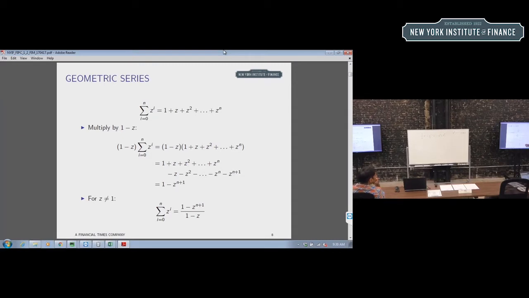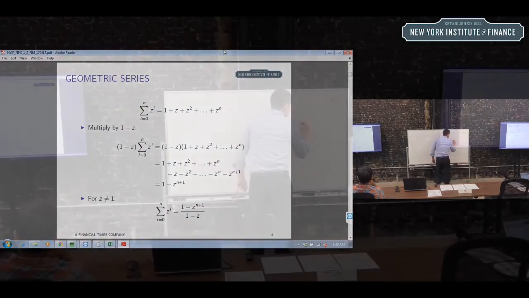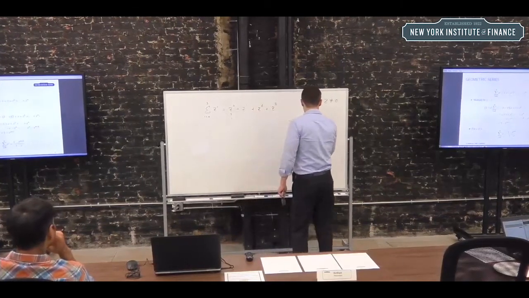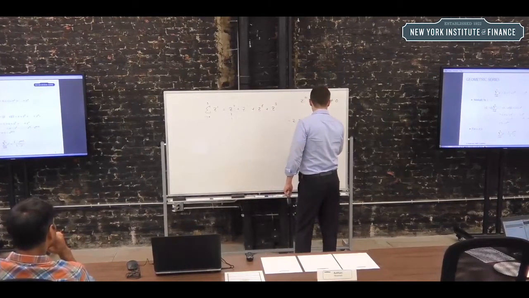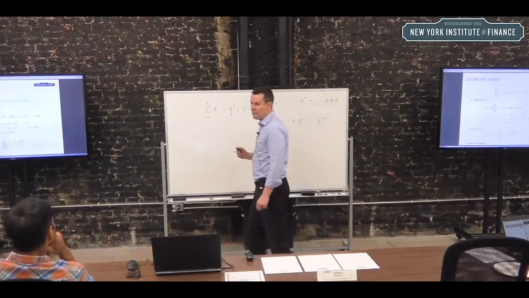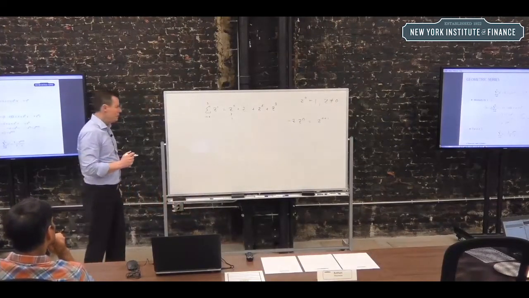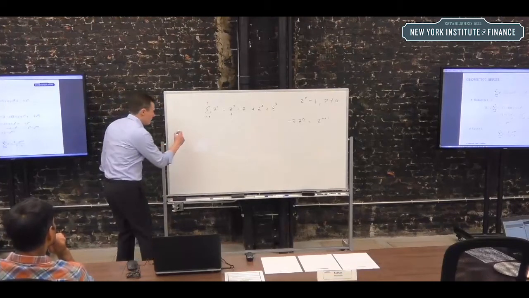Can you see why it's n plus 1? Because the last term is minus z times z to the power n. Right? And that is equal to minus z to the n plus 1. Does that ring a bell? It comes from that rule.